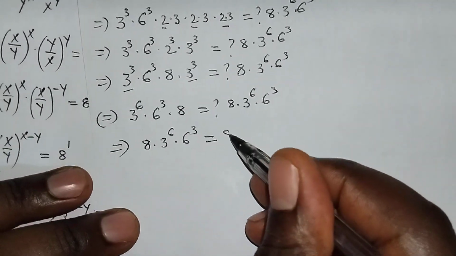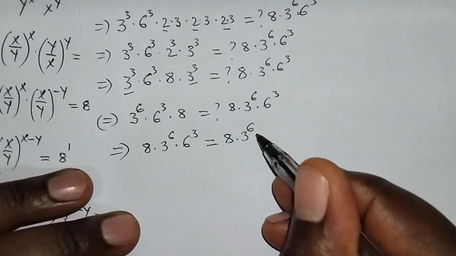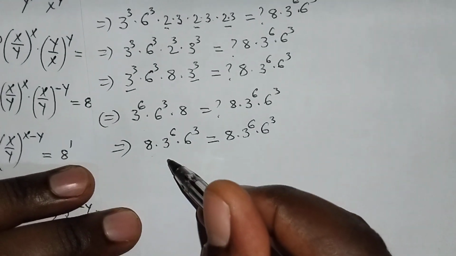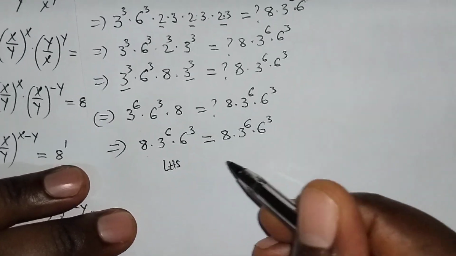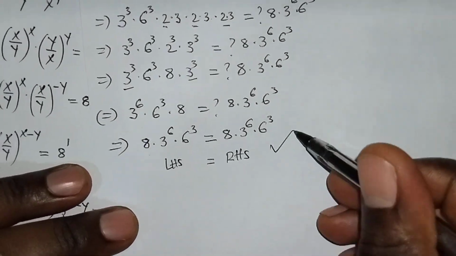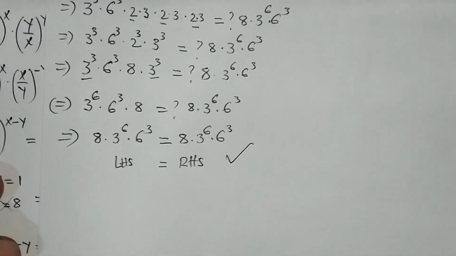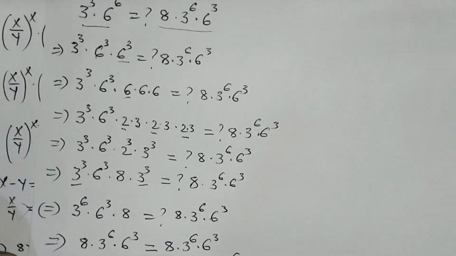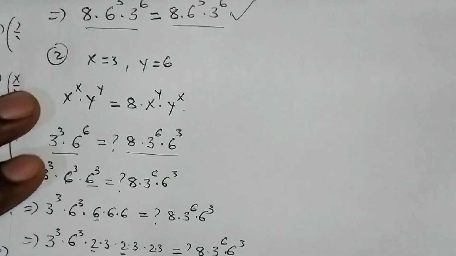This is equal to 8 times 3 power 6 times 6 power 3. So the left hand side is equal to the right hand side. This is 2. So the second solution also verifies this equation.